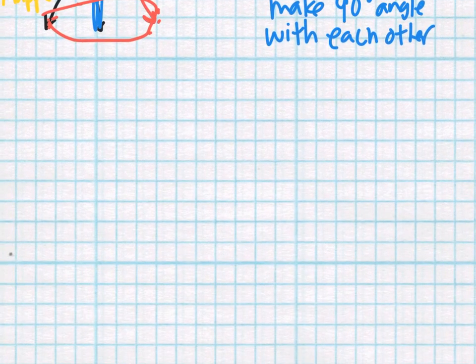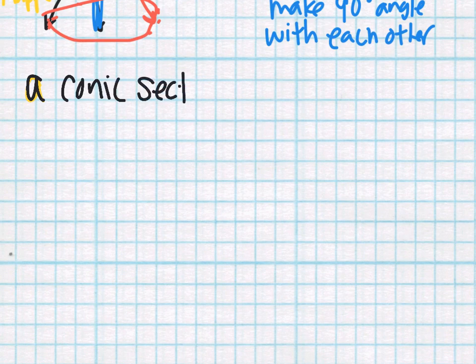So a conic section is a cross section of a cone.